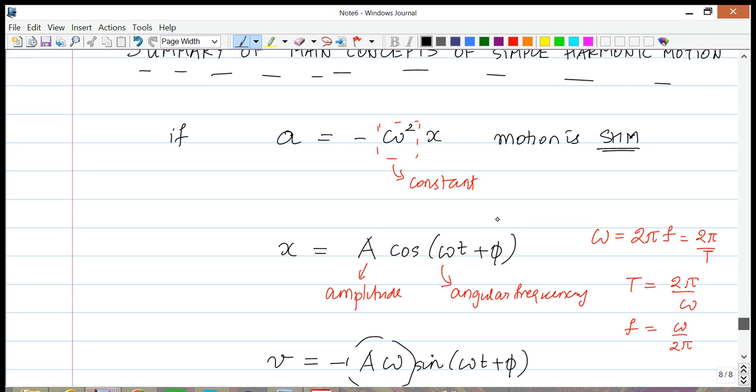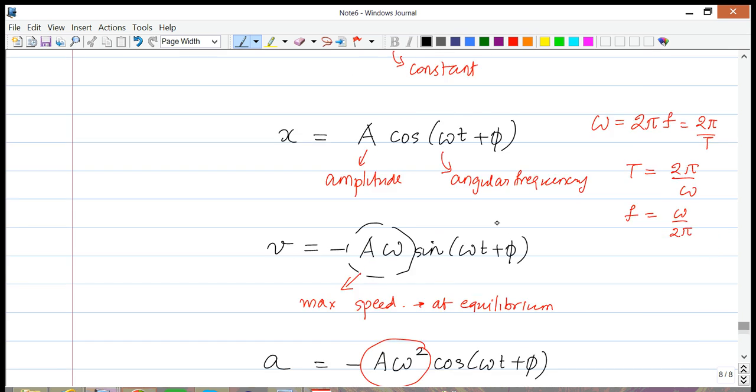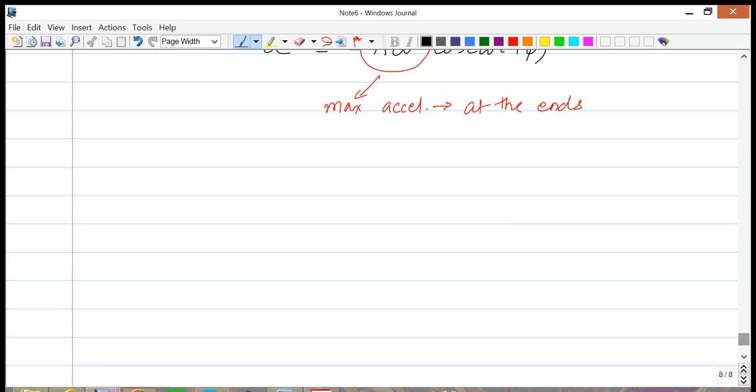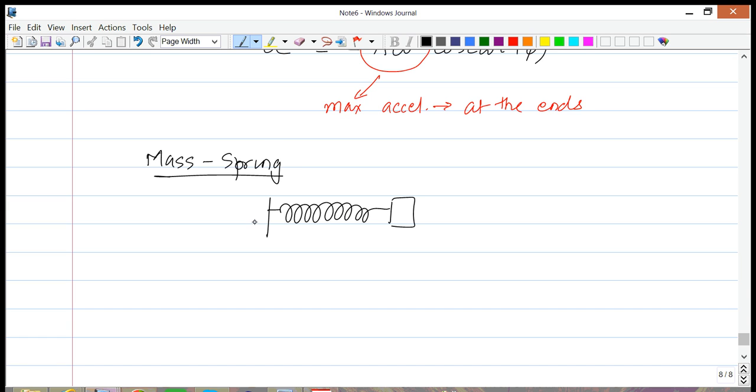Now again, it all starts with this equation, a is equal to negative omega square x. Alright, so now if we were to take all the stuff that we've learned for a mass spring system, a mass Hooke's law spring system, whether the system is horizontal, or whether it is vertical.